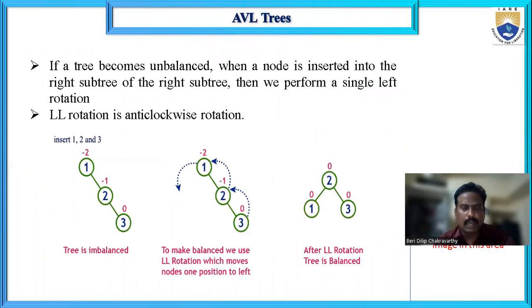If a tree becomes unbalanced when a node is inserted into the right subtree, then we perform a single left rotation. Observe, LL rotation is an anti-clockwise rotation. Here I inserted 1, 2, 3. First I took 1. As 2 is greater than 1, I insert it to the right. As 3 is greater than 2, I insert it to the right. I got a tree like this. Now if you calculate the balance factor for each node, for this one you get 0, for this one 0 minus 1 gives minus 1, and for this one 0 minus 2 gives minus 2.